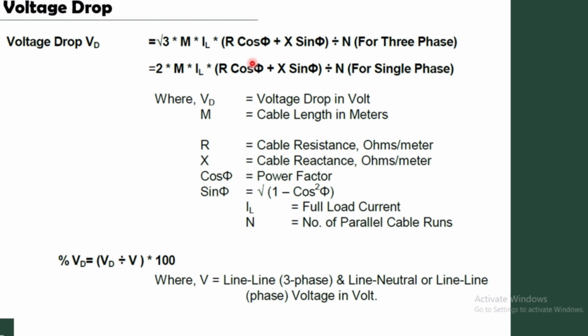See, the volt drop equals root 3 multiplied by M multiplied by I multiplied by (R cosine theta plus X sine theta), where VD is volt drop and M is the cable length in meters, and R is the cable resistance in ohm per meter, and X is the cable reactance, and cosine theta the power factor. And here I can put sine theta equal to root of 1 minus cosine square theta.